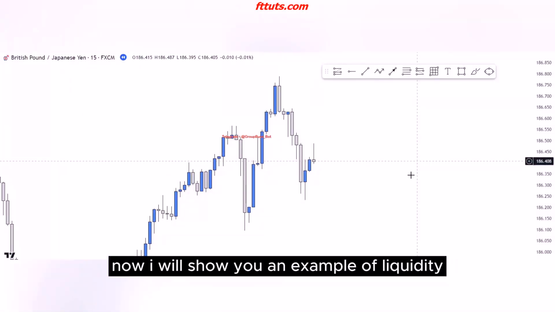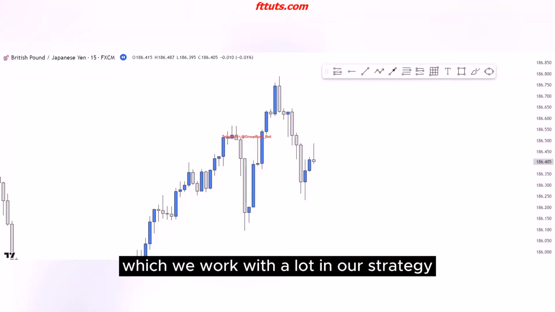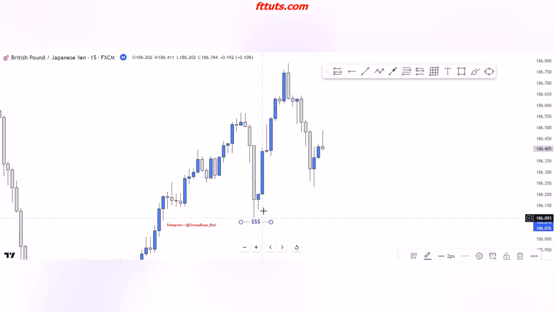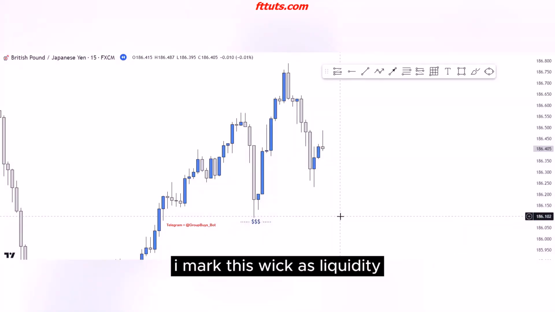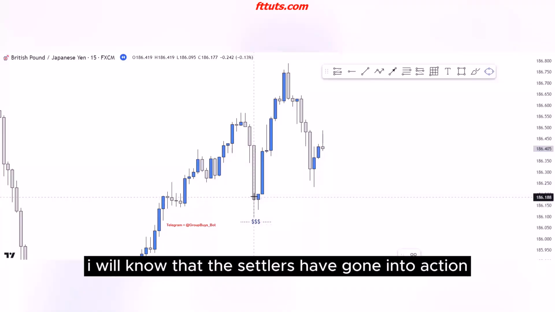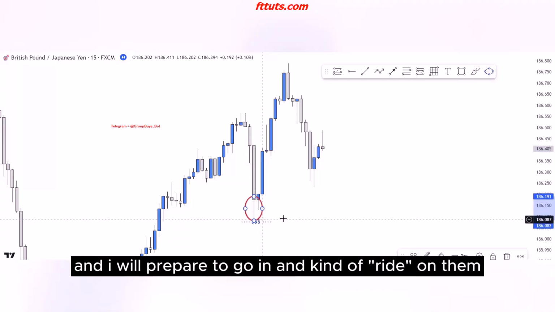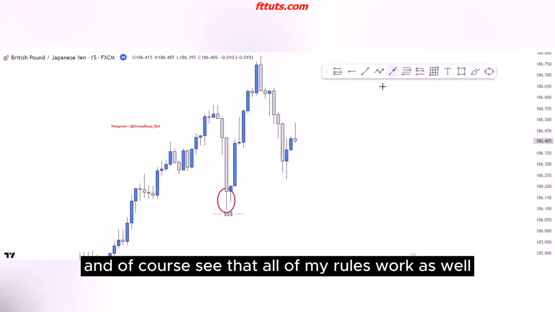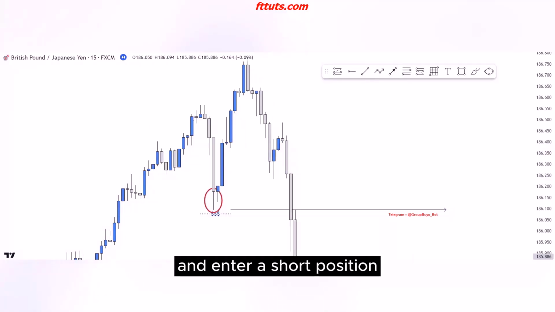Now I will show you an example of liquidity which we work with a lot in our strategy. I mark this weak point as liquidity. If the institution does take it in a big sell, I will know that the sellers have gone into action, and I will prepare to go in and ride on them, and of course see that all of my rules work as well, and enter a short position.